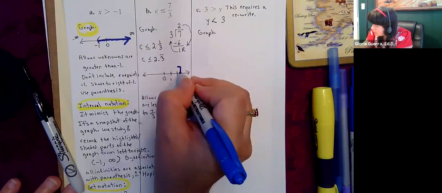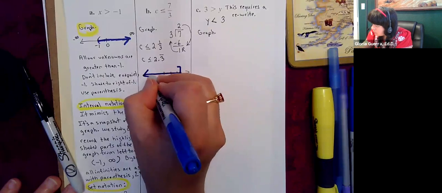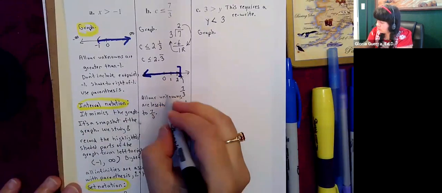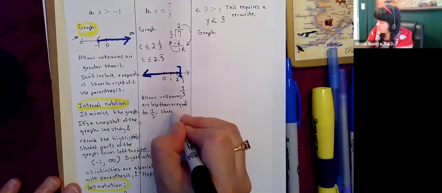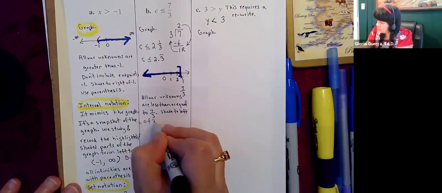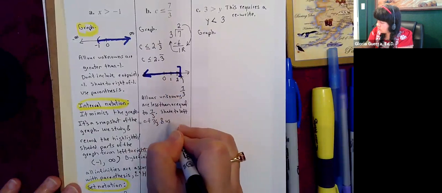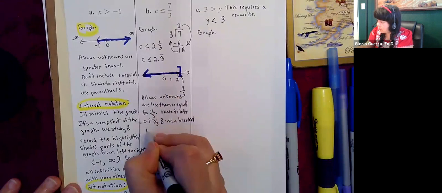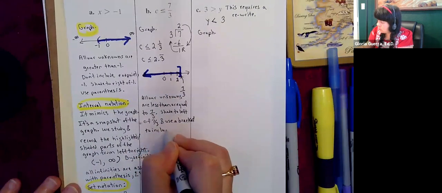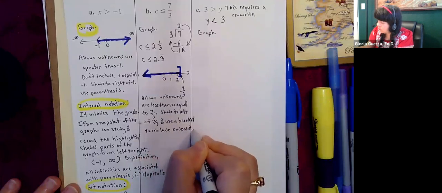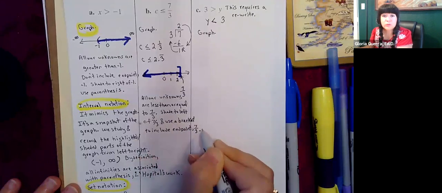See that bracket? And then shade all that. So you want to shade to the left of 7/3, and you want to use a bracket. You're using a bracket to include the endpoint, 7/3.